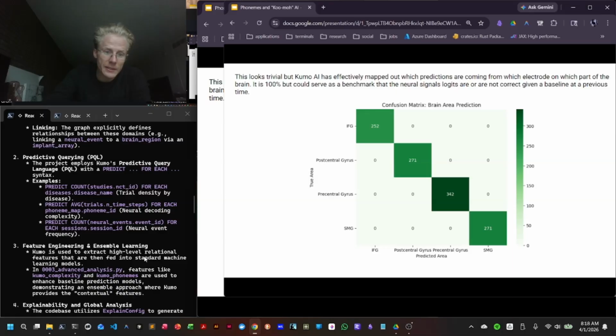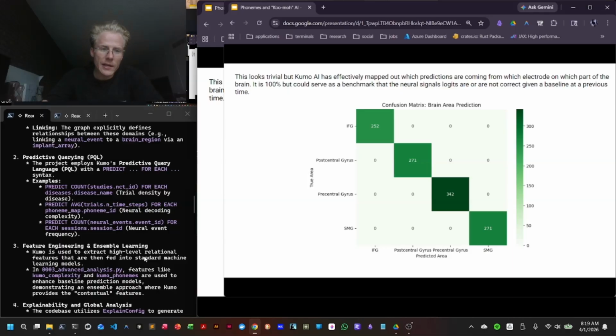At first, this looks great because it's predicting the phonemes from the array. But if there was something that was a little bit off, or you had multiple, like this was just the little arrays, but once you get these larger pieces from BlackRock Neurotech that are mesh that go across multiple regions of the brain, this would help to know what the confusion matrix across those parts of the brain would be and how that would be.